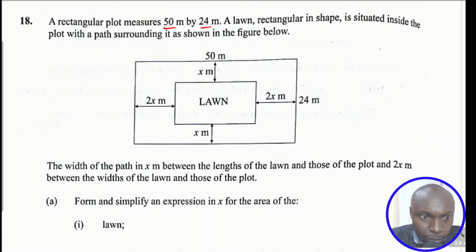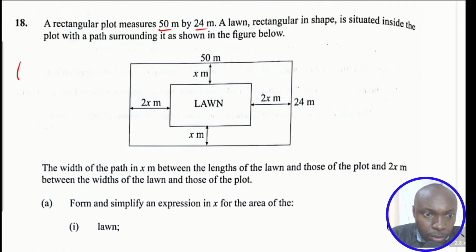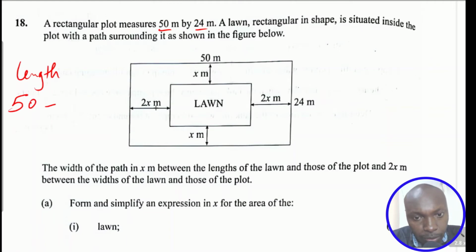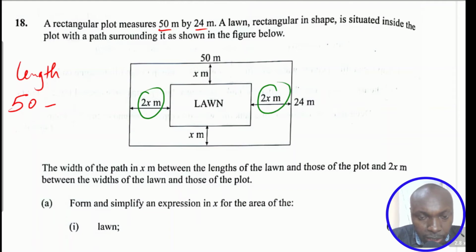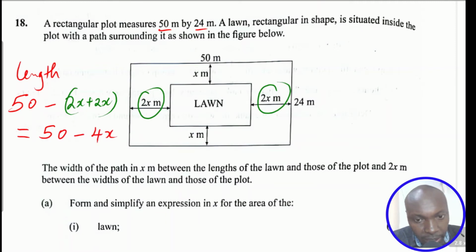So the length of the lawn will be given by 50 subtract 2x plus 2x, and this will give 50 minus 4x. So that is the length of the lawn.